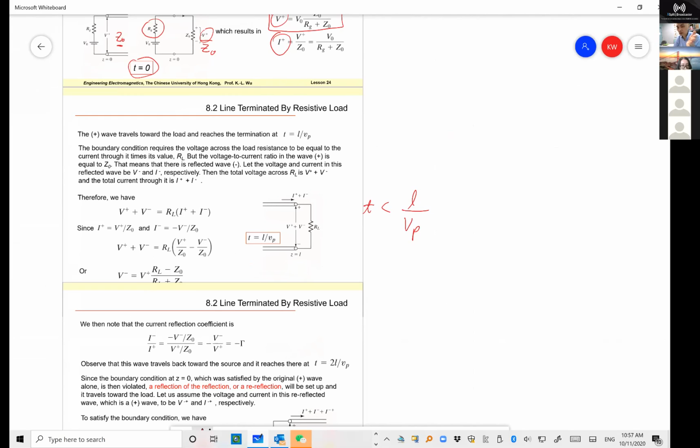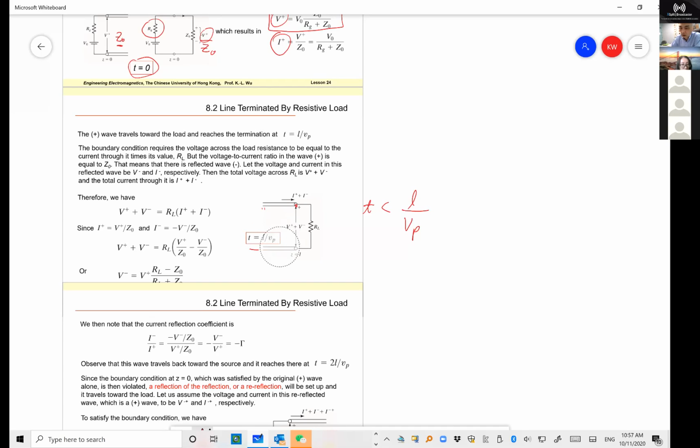So at every point down the transmission line, everything is still unchanged until this time happens. When this time happens, the voltage reaches the end.